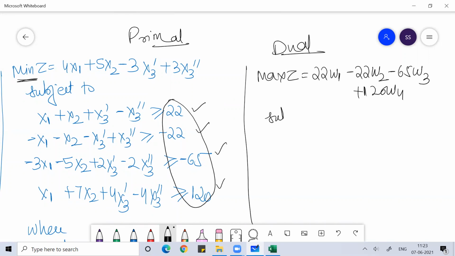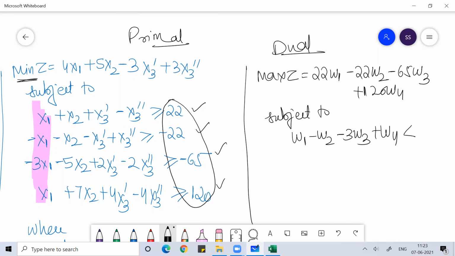Okay, objective function subject to. So now see the transpose of the constraint coefficient of the constraint. So this is W1 minus W2 minus 3W3 plus W4.